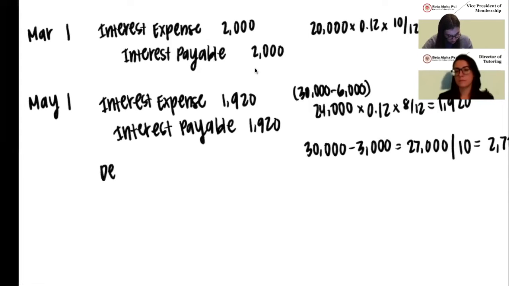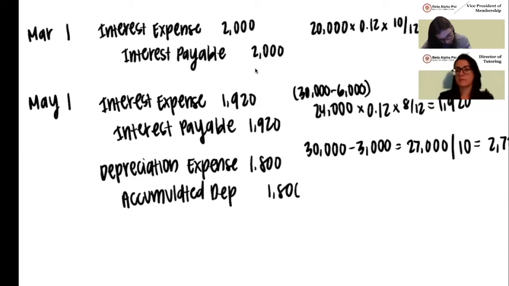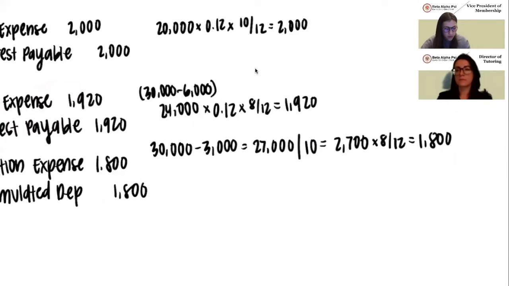So that is going to be a debit to depreciation expense for 1,800 and a credit to accumulated depreciation for 1,800. So it's really important to look at when the equipment was purchased or when the note started, because you want to make sure that you're not calculating a full year when you really should be doing 8 out of the 12 months.